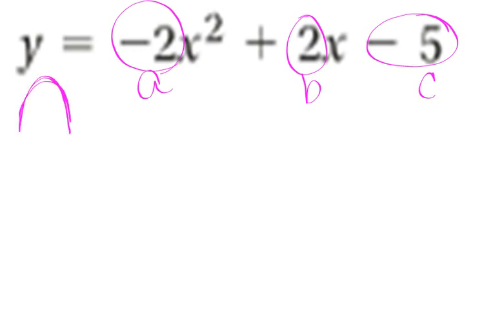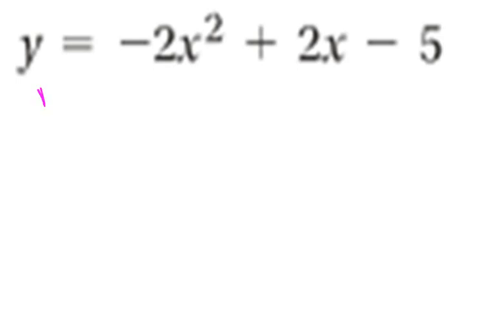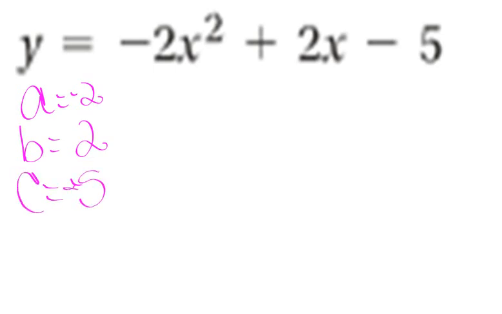I've already got that picture in my head, right? And I know I've got a y-intercept of -5. So somewhere it's going to be crossing through the y-intercept. We don't know where, but it's going to be at -5. So we have A equals -2, B equals 2, and C equals -5. That's a negative. Got a slippery spot there.